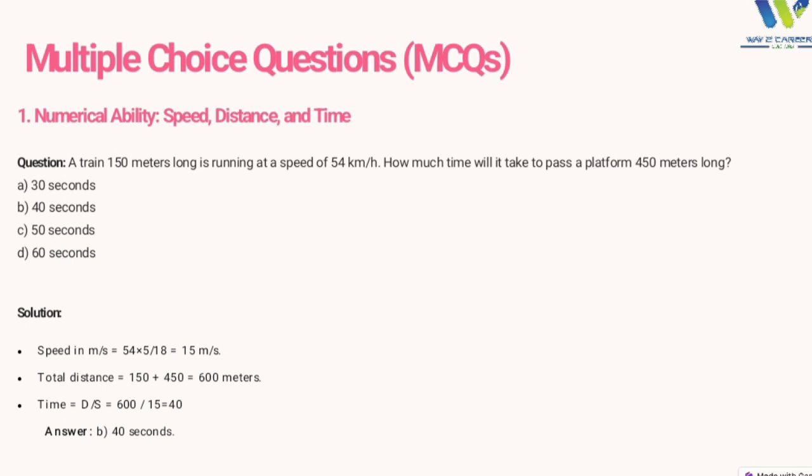The question is, a train 150 meters long is running at a speed of 54 kilometers per hour. How much time will it take to pass a platform 450 meters long? Now, if you want to answer this question, you should know the basics of time and distance.